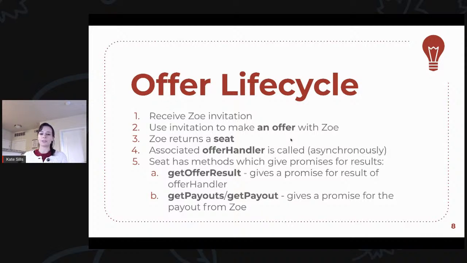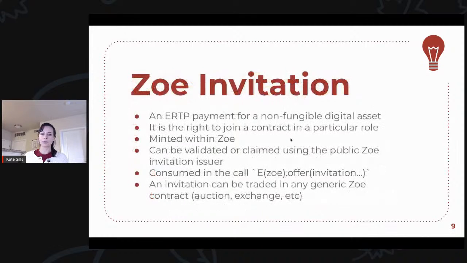The offer result is often used to return a string or an object or something like that. The actual payments, because Zoe is able to enforce offer safety, conservation of rights, and payout liveness, those payouts should come from Zoe, and those methods are how you get them.